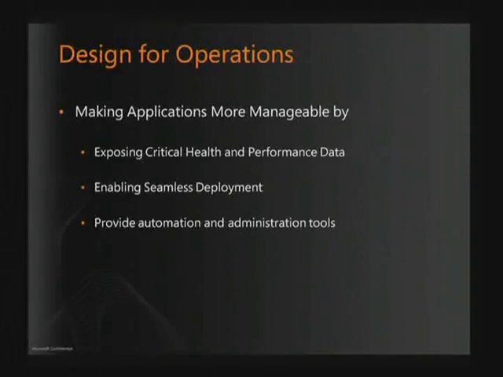We want to enable seamless deployment. What I mean by that is not X-copy deployment, right? I'm going to find whoever said X-copy deployment was a great thing, and I'm going to shoot them and bury them. Because X-copy normally involves X-copy plus a registry hack or two, plus a couple of config files here and there, and you have to copy that DLL into the Windows System 32 folder.